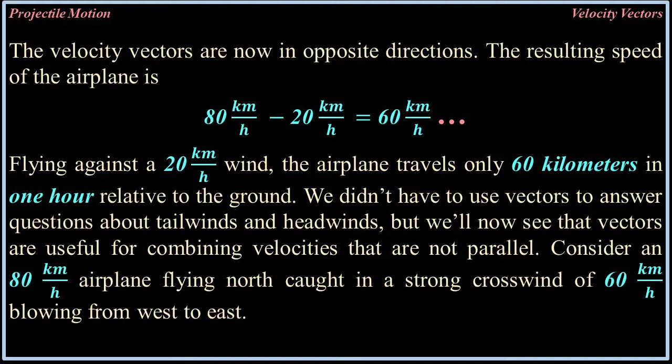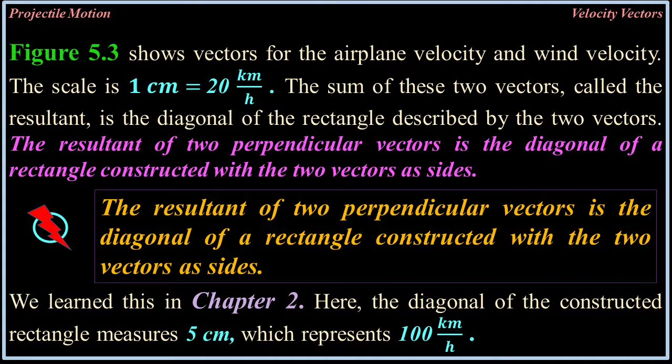Consider an 80 kilometer per hour airplane flying north caught in a strong crosswind of 60 kilometers per hour, blowing from west to east. Figure 5.3 shows vectors for the airplane velocity and wind velocity. The scale is 1 centimeter equals 20 kilometers per hour.